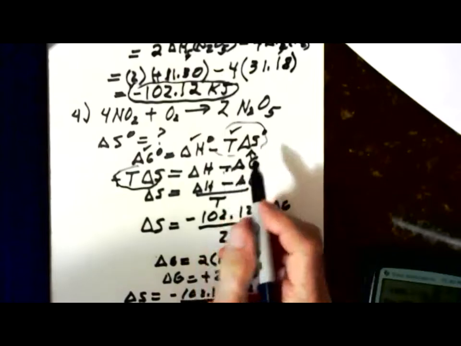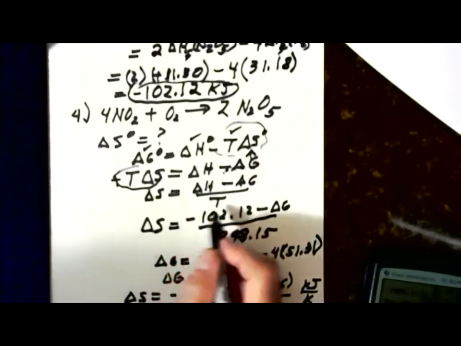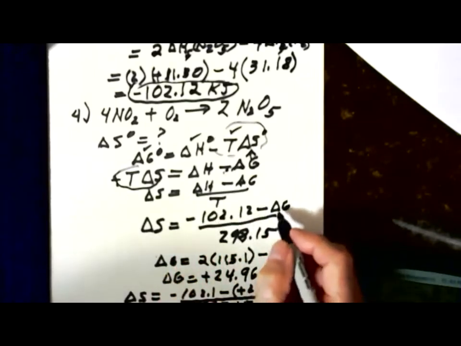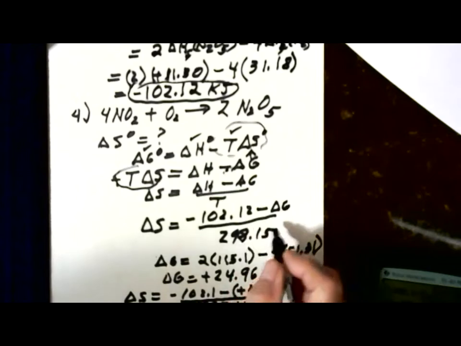So it's delta H minus delta G. So delta H was minus 102.12, and delta G we haven't calculated. The temperature, yes, is 298.15. So that number in that one looks right.